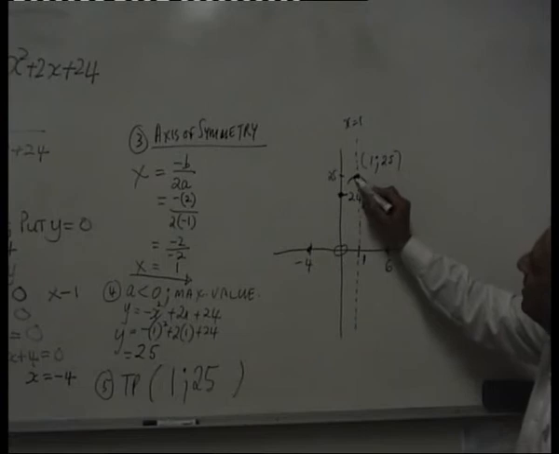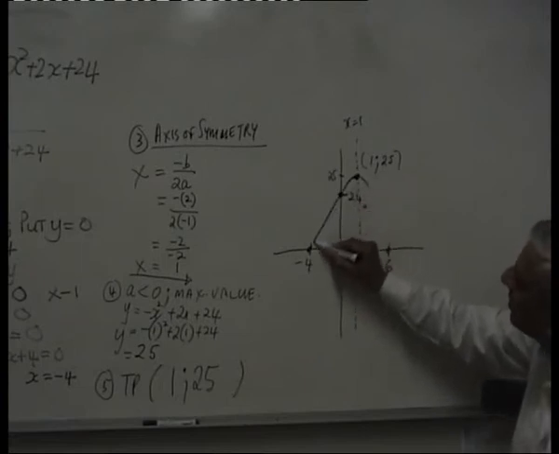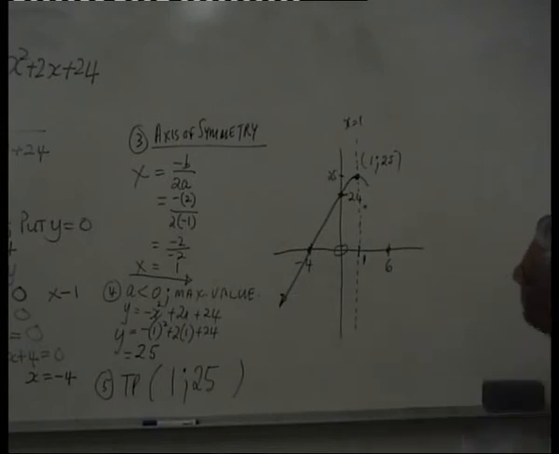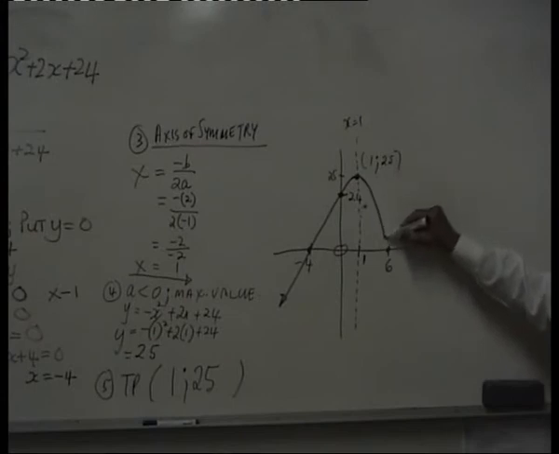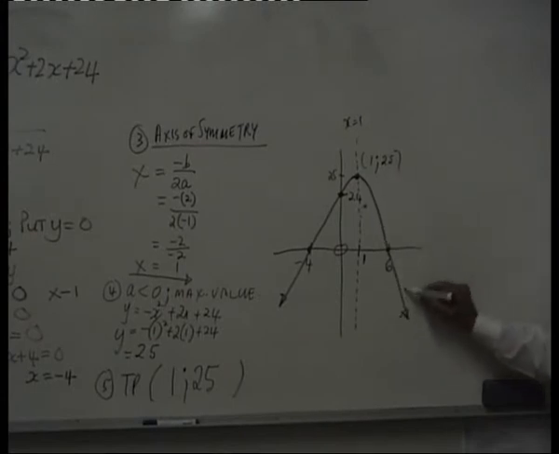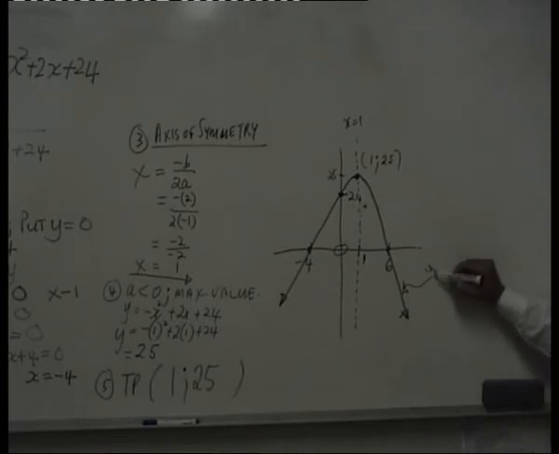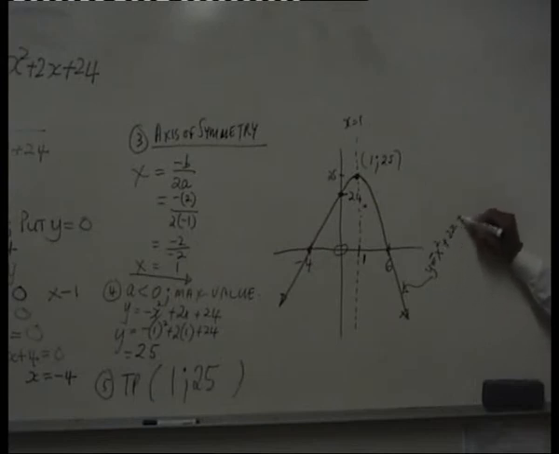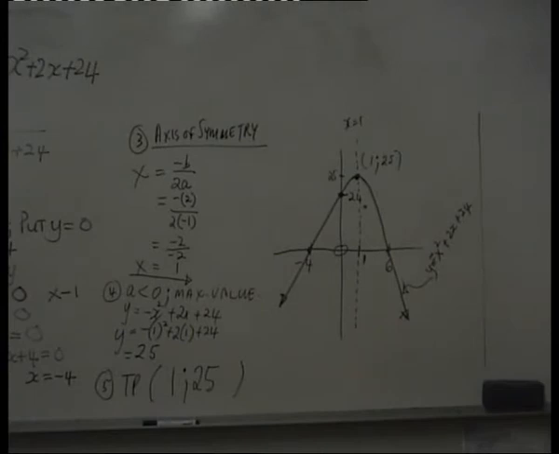We're just going to join now that to that, through the minus 4, down that way. And then from here, we join and we come down here through 6, down this way. And don't forget to label y is equal to negative x squared plus 2x plus 24. So here you had a graph that's called a maximum value graph, and that's how it looks. And it's done.